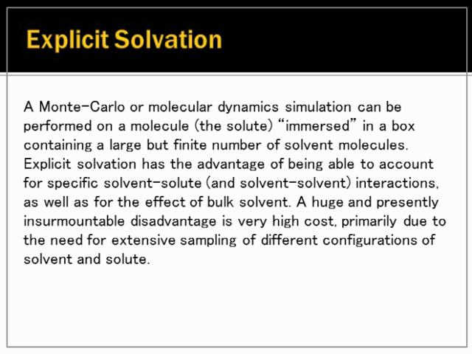There are two general approaches to solvation. There's the approach that you would like to use but really can't, and that is what I'll call explicit. What that is, you take your molecule and you put it in a box of solvent, water, and you stir it up.